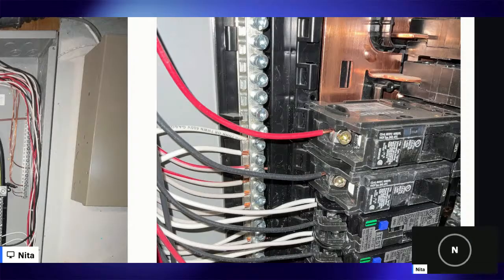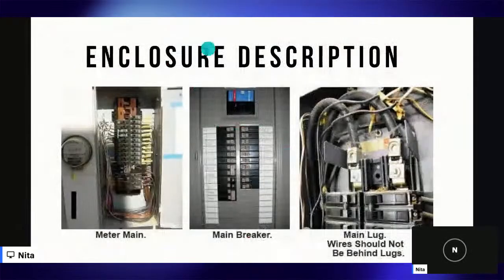You can have different setups. You have a meter main when you see the meter and the disconnect all in the same box, the same enclosure. So what you're saying is, if you shut off the main breaker box, it shuts everything off. Yes, because that's the one that's carrying the main from the outside service.